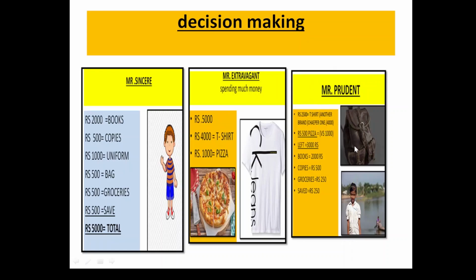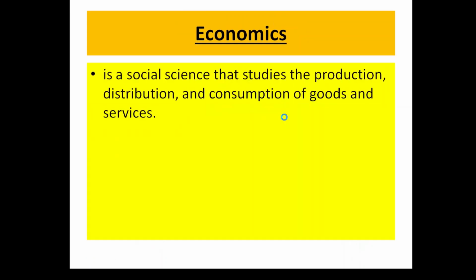Though he will wear an old uniform and carry an old bag, at the same time he enjoyed the pizza and the t-shirt as well. And what about Mr. Extravagant? His decision is not entirely based upon a logical or reasonable thinking pattern.